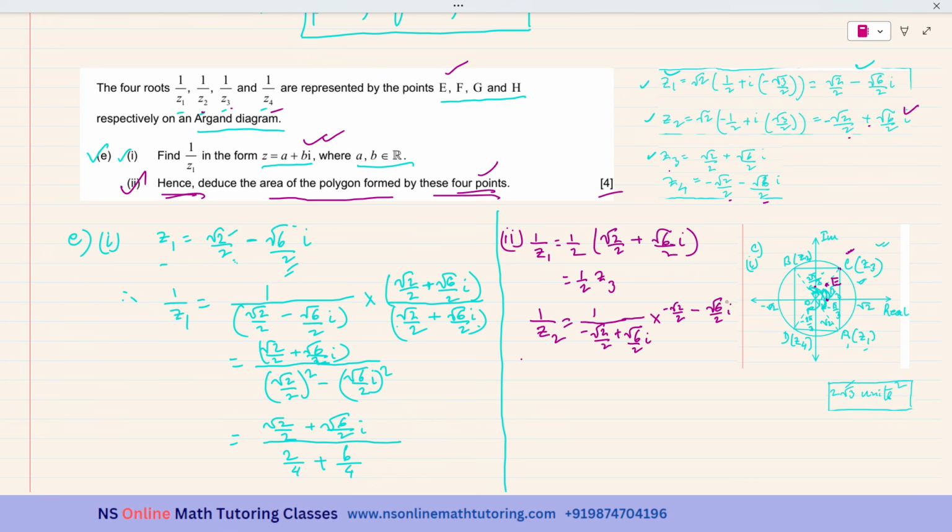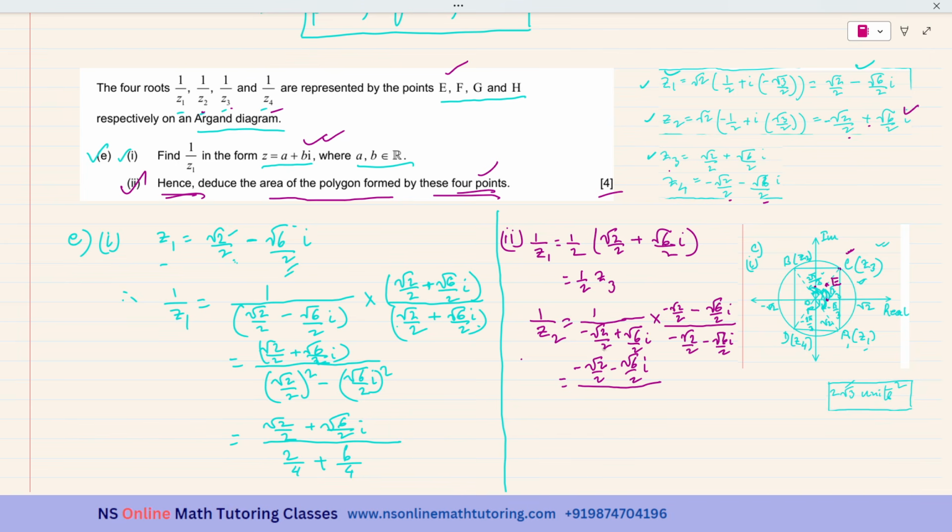Negative root 2 over 2 minus root 6 over 2 I, divided by negative root 2 over 2 minus root 6 over 2 I. So this is equal to, the numerator is negative root 2 over 2 minus root 6 over 2 I, and the denominator will be a square minus b square.